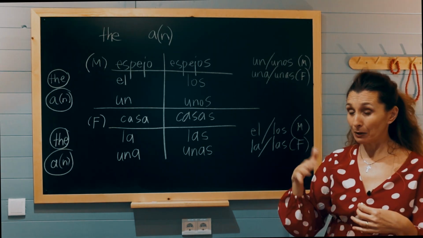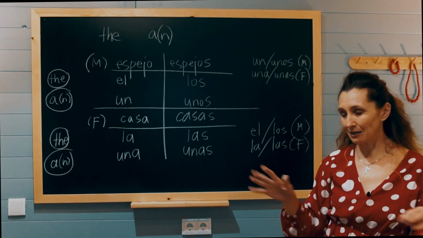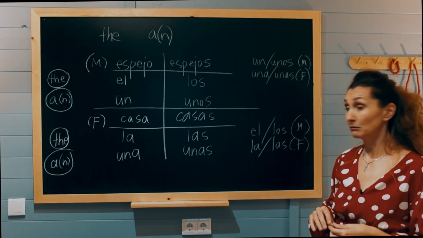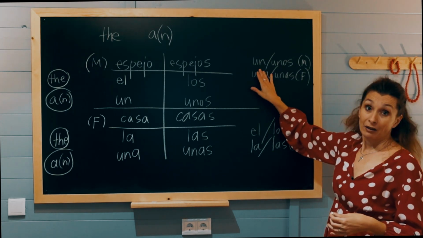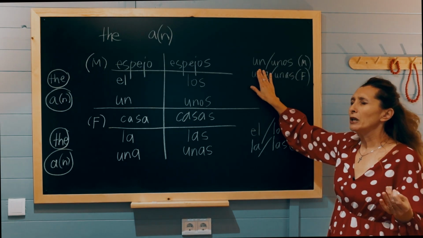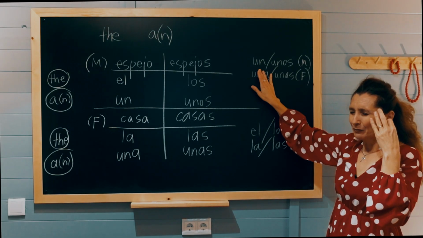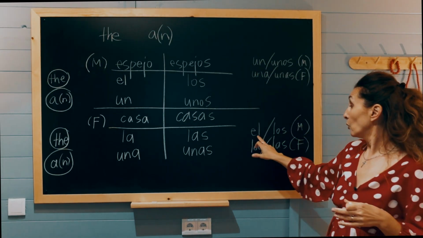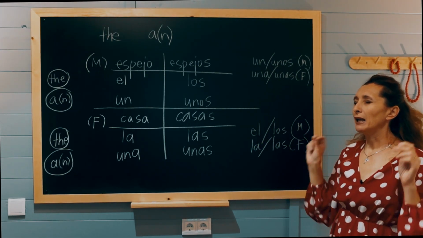And as you repeat it on its own, not even in sentences, over and over again until you memorize it, always repeat it either with the indefinite article, for example, un espejo, un espejo, and you say it many, many times, and you really remember it together with un, or with the definite article, el espejo, el espejo.